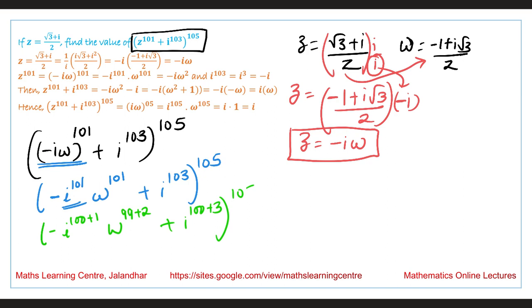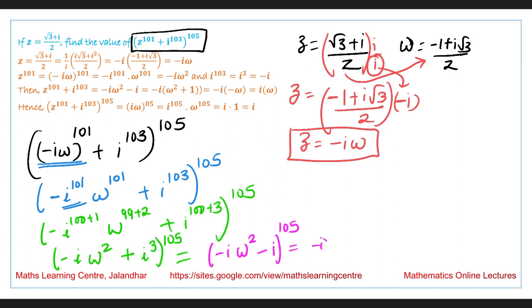So this is equal to (minus iota omega square plus iota cube) whole raised to the power 105. What is iota cube? It is minus iota. So it is (minus iota omega square minus iota) raised to the power 105.